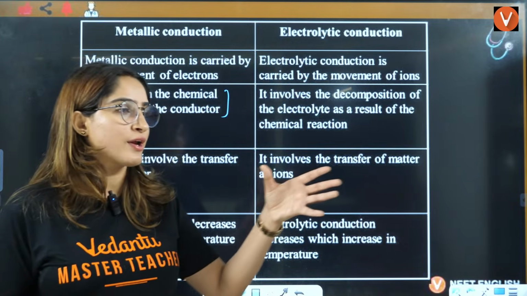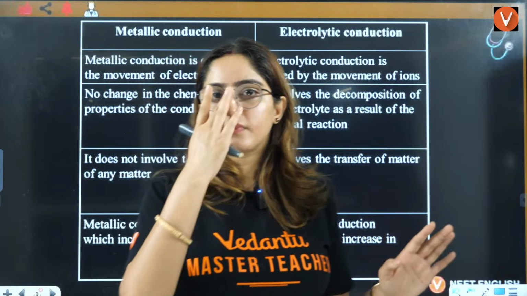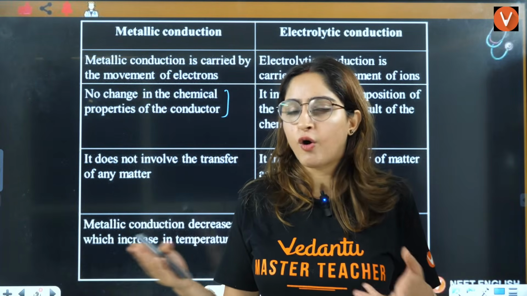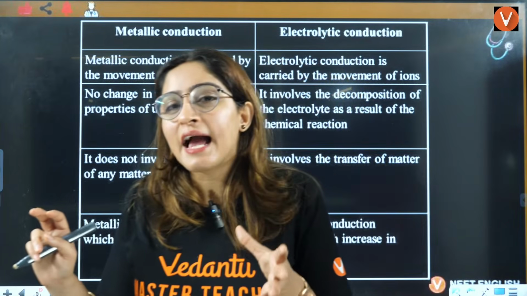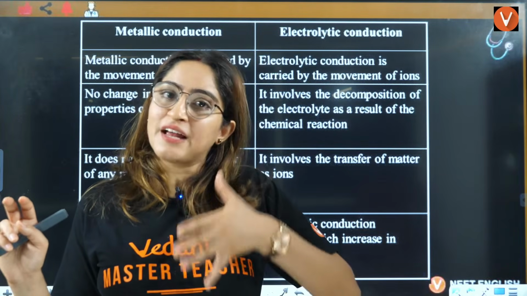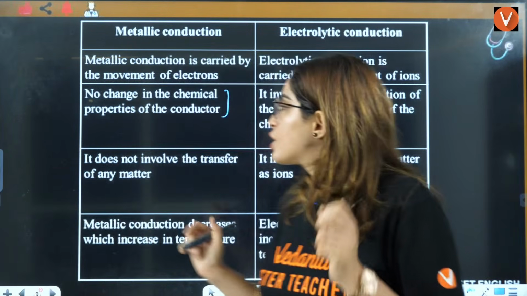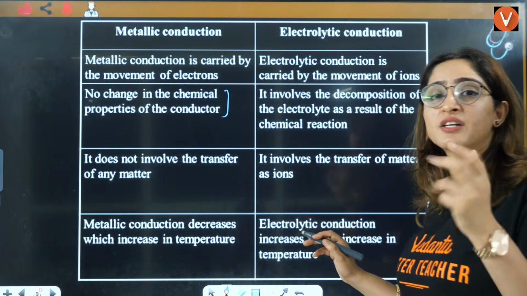For example, current flows through the copper wire in your home, in all the houses. Is there some chemical reaction in the copper? No, there is no chemical reaction as such. Electrons are flowing there, so there is no change in the chemical properties.